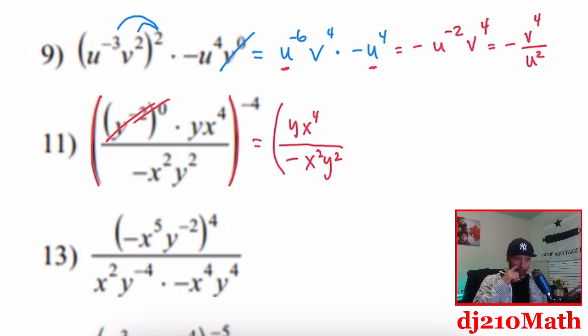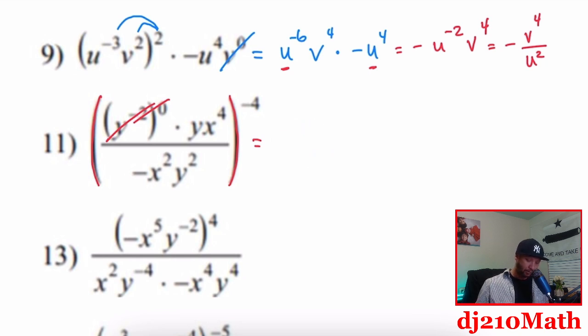Okay, so here's one way to think about this. I have one y in the numerator, 2 y's in the denominator. Right, because y squared means y times y. So if I cancel out 1 y in the numerator, 1 y in the denominator, I'm left with 1 y in the denominator.